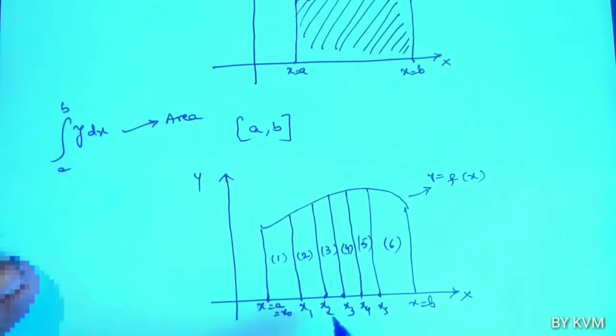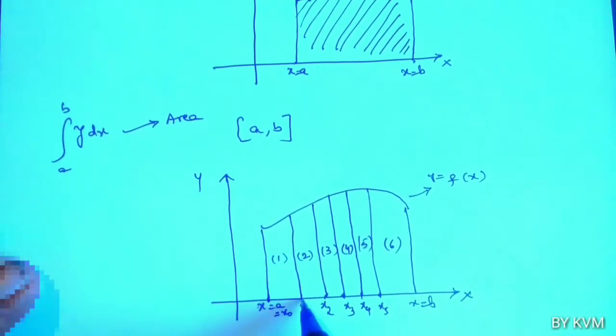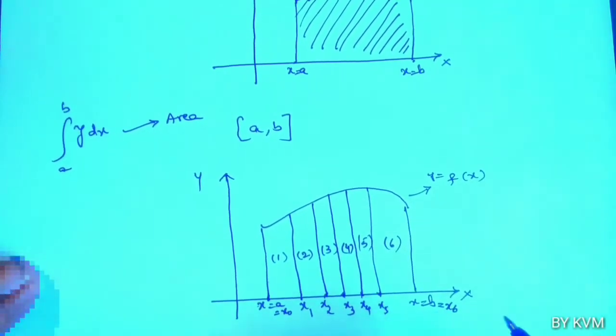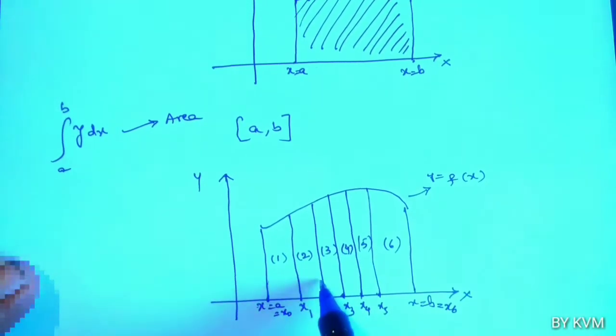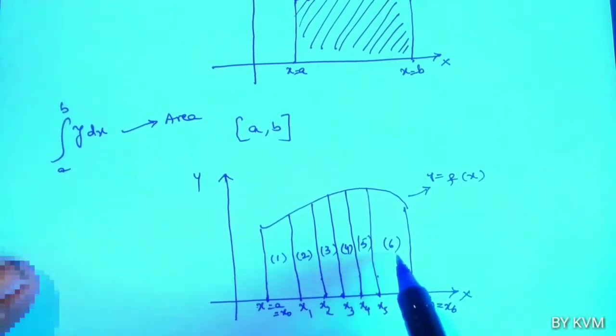How many ordinates did we get here? x0, x1, x2, x3, x4, x5, x6. Take the last ordinate as x6. So, totally there are 7 ordinates: 1, 2, 3, 4, 5, 6, 7. And how many intervals did we get? We got 6 intervals.